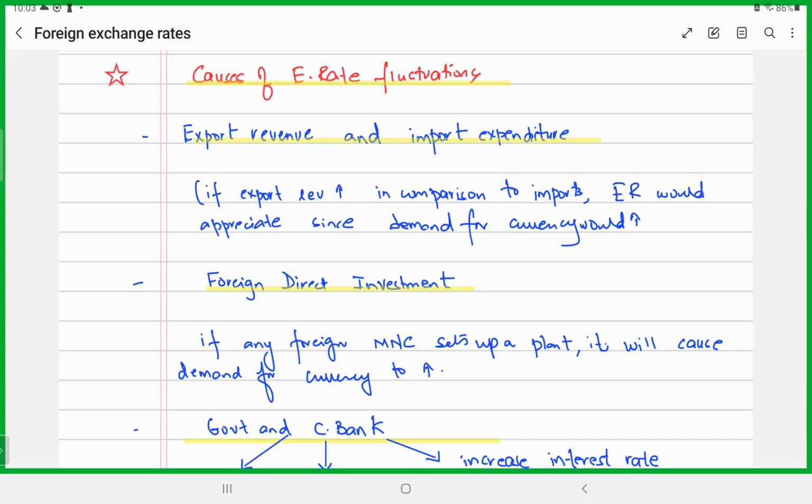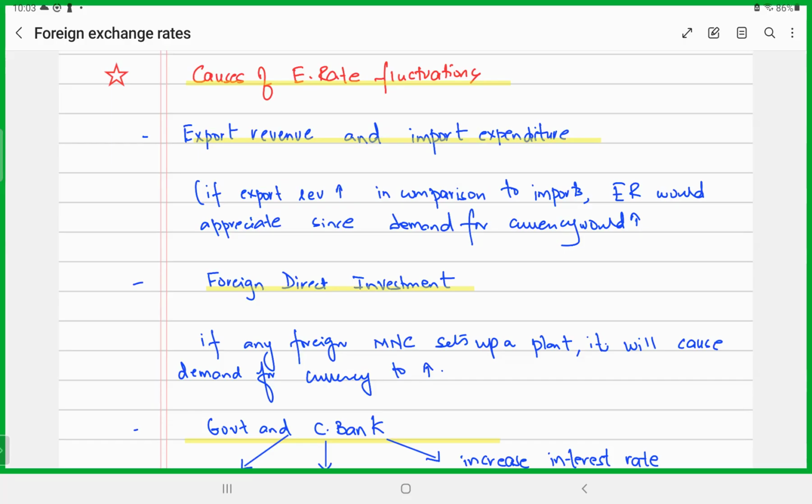The exchange rate is automatically going to fluctuate because it's having an inflow of revenue. So, if the export revenue is more in comparison to the import expenditure made, so what happens? The exchange rate would appreciate, right?